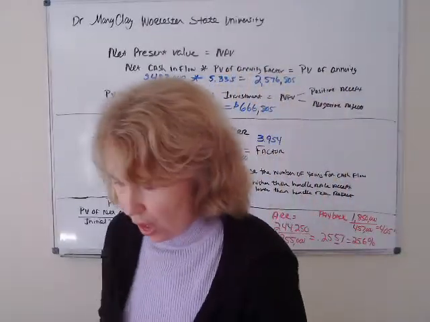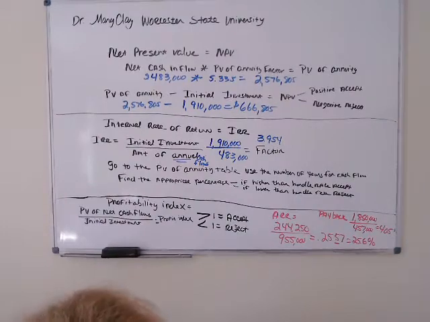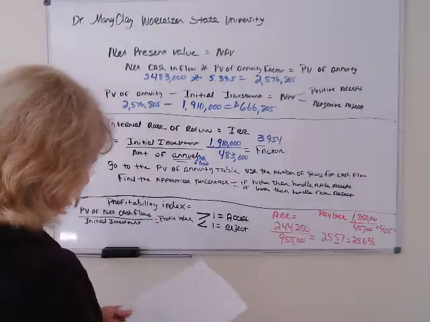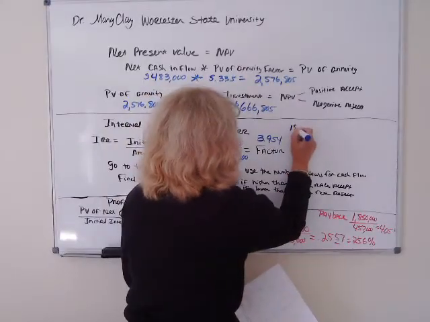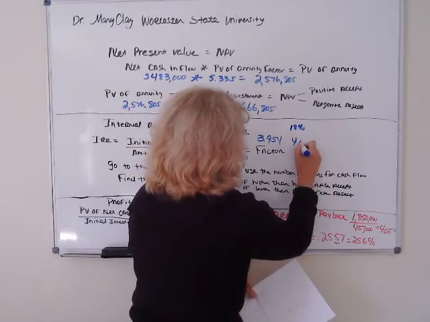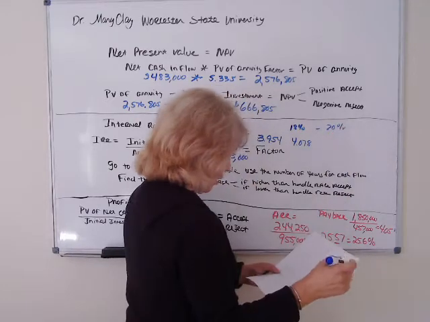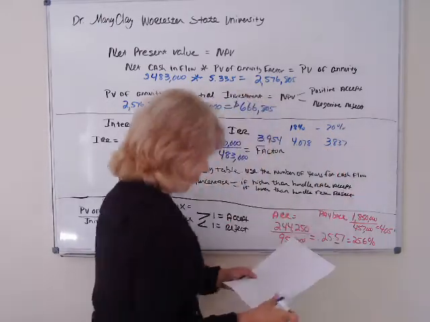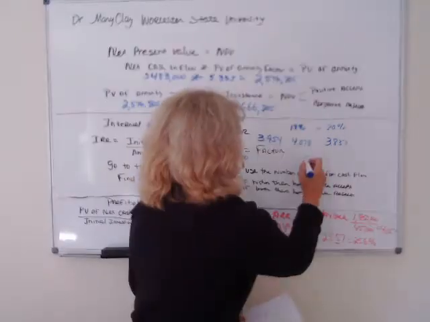All right, so you go over here, and again, your answer, because it was between 18% was 4.078, 20% was 3.837.